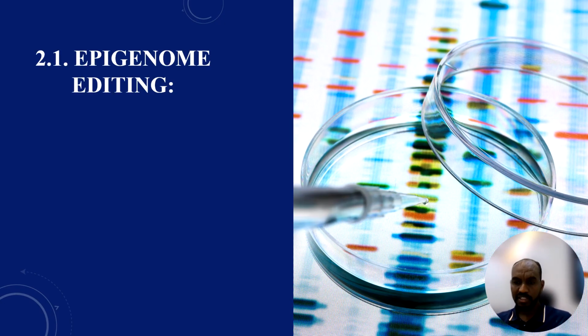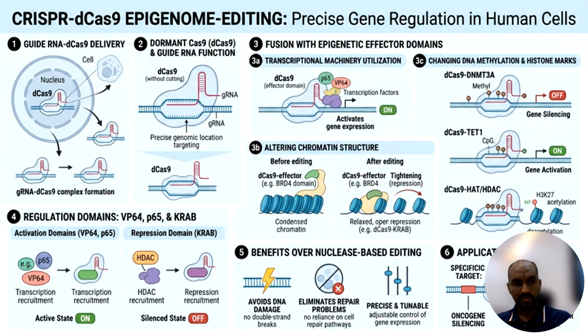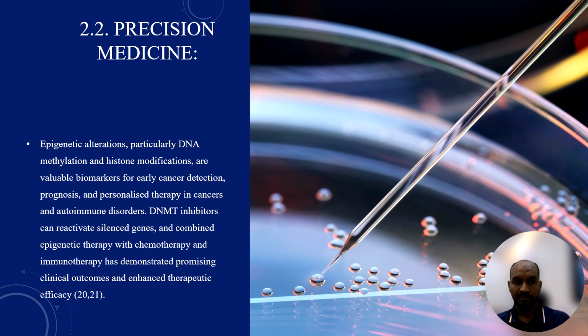The uses of epigenetics include many processes, such as epigenetic editing through the Cas9. This is the process. It is also used in precision medicine. Epigenetic alterations, particularly DNA methylation and histone modification, are valuable biomarkers in early detection, cancer prognosis, and personalized therapy in cancer and autoimmune disorders.